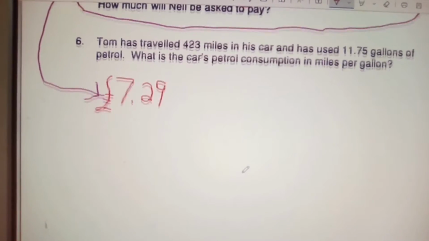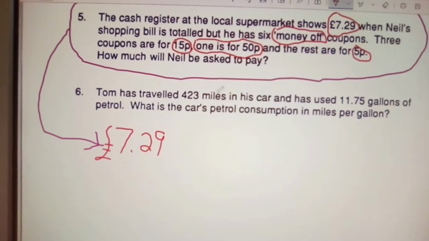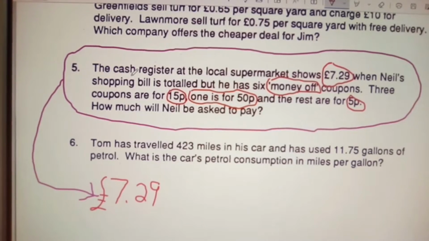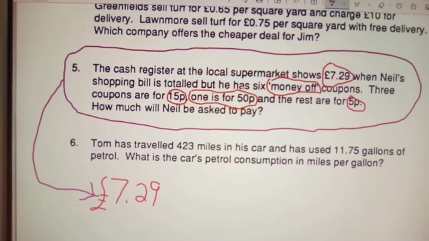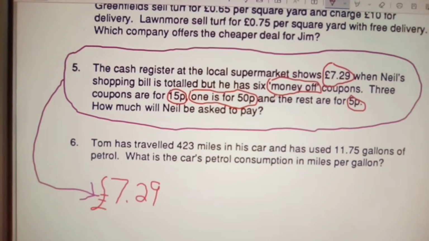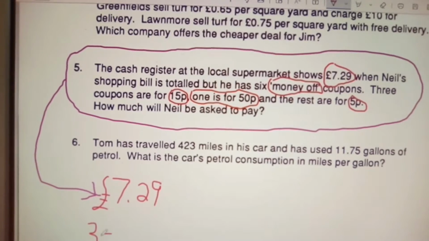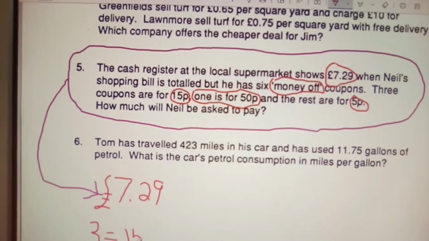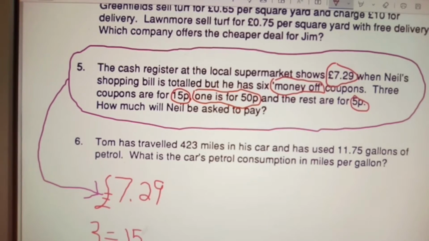Now let's extract our information that we have, and hopefully I don't make any mistakes this time around. Okay, the cash register at the local market shows £7.29. Three coupons are worth 15 pence, so we have three equals 15p.